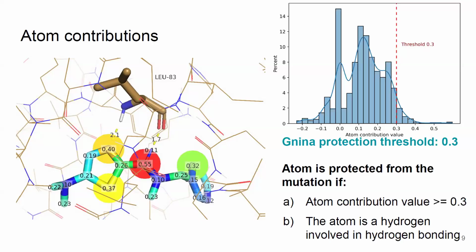For Vina, there was another threshold, so for each docking program we need to choose the threshold separately. Our criterion for protecting an atom is that the atom contribution value is larger than or equal to 0.3, or the atom is a hydrogen involved in hydrogen bonding, so we would like to keep it too. In this example, you can see that 4 heteroatoms would be protected, as well as 2 hydrogens.